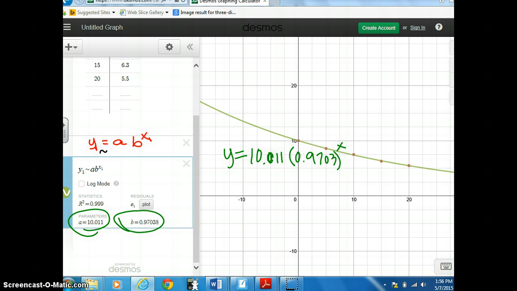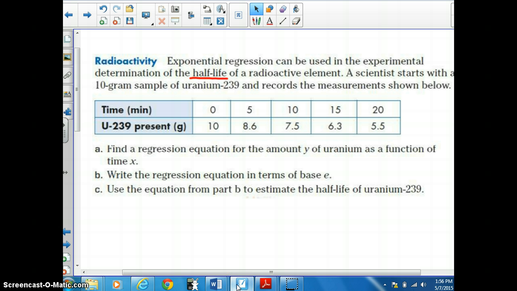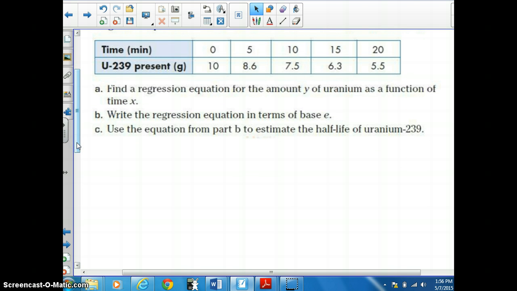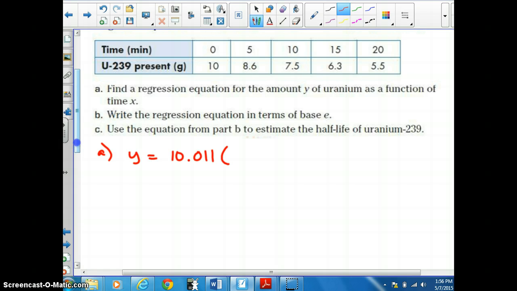So that's what we want to put for part A in the problem. I'm going to go back to our notes real quick. So for A, we have an equation that says y equals 10.011 times 0.9703 to the x power.